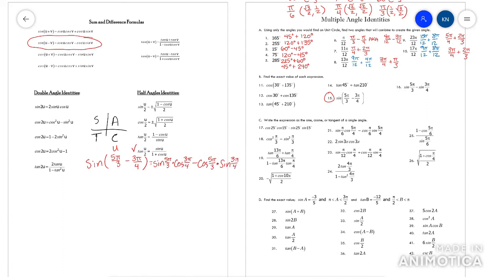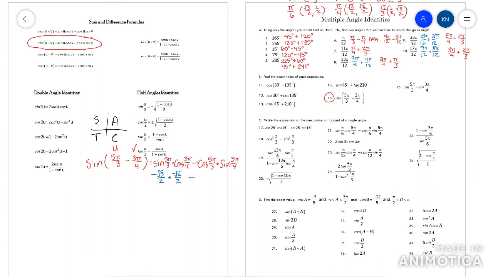So you just plug it into the equation and now you can give everything their value. Sine 5 pi over 3 is in quadrant 4. Sine is negative there. This is negative root 3 over 2. Cosine 3 pi over 4 is in quadrant 2. It is negative there. So this is negative root 2 over 2.